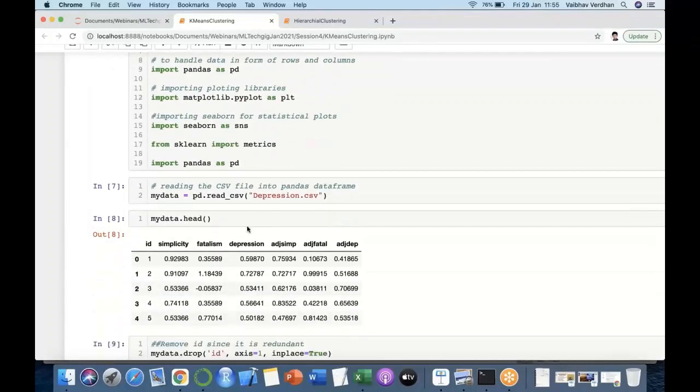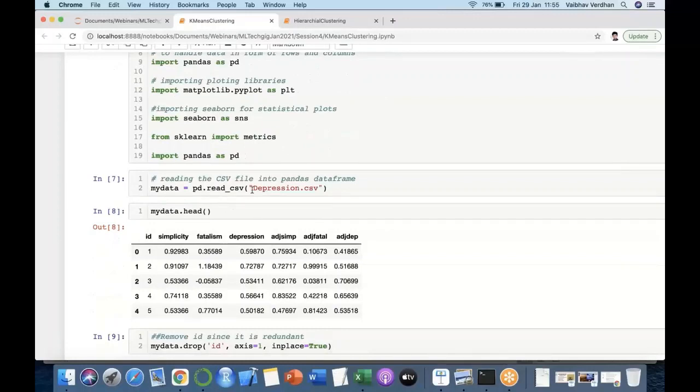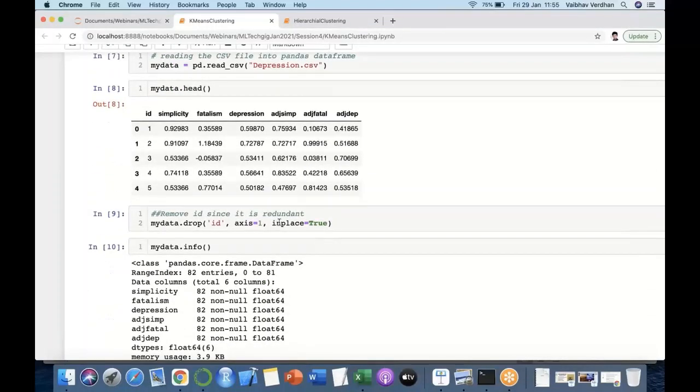Okay, so the data set is loaded. It is a depression data set, and in that data set we have these 6 variables. The 7th variable is ID. Now we are removing ID as a very first step.